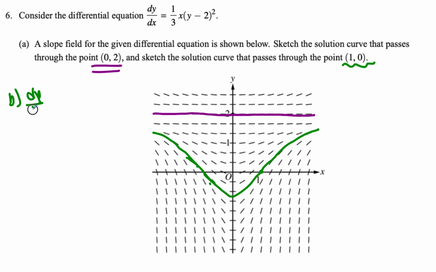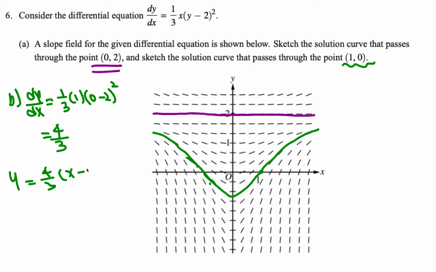dy over dx, when x equals 1 and y equals 0, is equal to 1/3 times 1 times (0 minus 2) squared. So we get 4/3. Then our equation is y minus 0 equals 4/3 times (x minus 1).